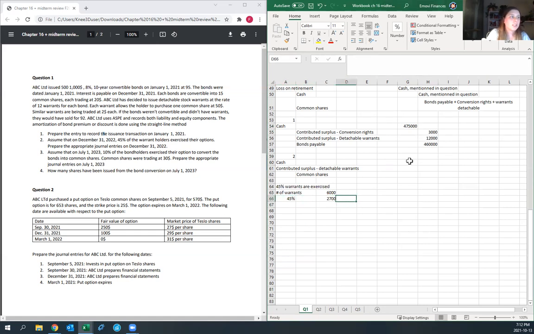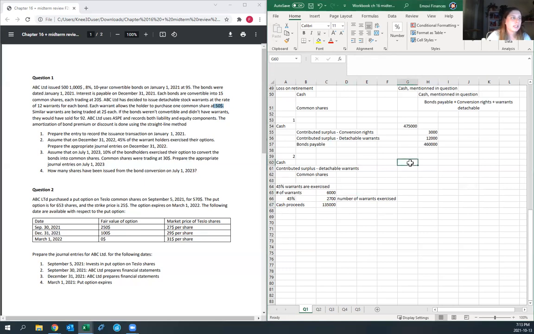So that's the number of warrants exercised. And then the cash proceeds is this amount times $50, right? Because basically what it says here is that they're using their warrants to buy the common shares at $50 per share. So you do the number of warrants that were exercised times the value of one share.